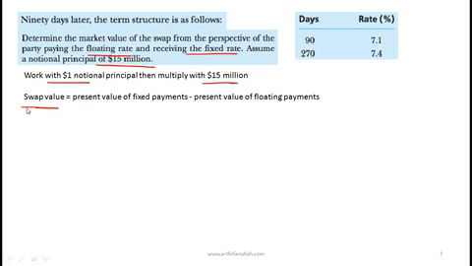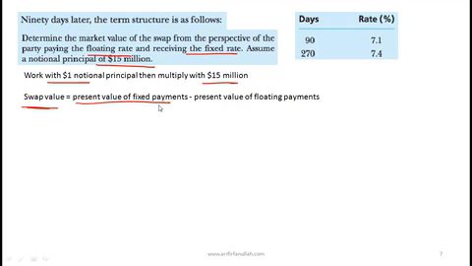So the swap value, since what is he receiving? He's receiving the fixed. So think of receiving the fixed as his revenue. That's the money coming in. So the present value of the fixed payments, that's the money in. And what's his cost? This guy is making floating payments. So minus the present value of the floating payments, you subtract that, that's the cost.